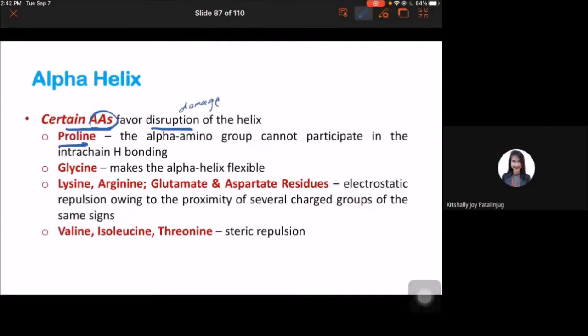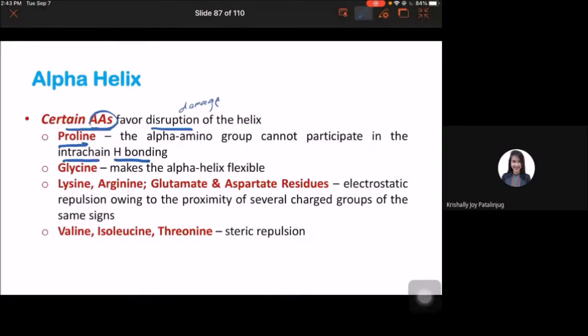Now, why can proline not participate in hydrogen bonding, particularly intrachain? Proline limits the formation of hydrogen bonding, so it is not favorable for intrachain hydrogen bonding.